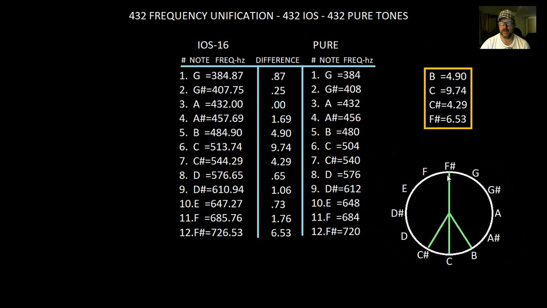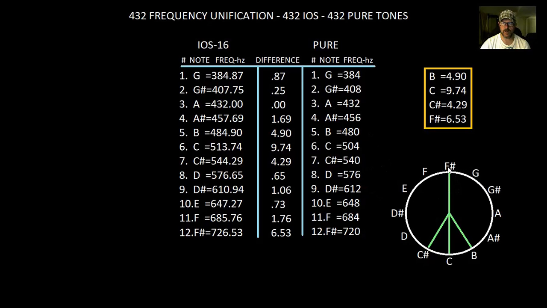What you're looking at here, you can call it whatever you want: note wheel, note circle, frequency wheel, frequency circle, doesn't matter. If you look at a clock, it goes 1 through 12. Well, if you look at these tones, 1 through 12.